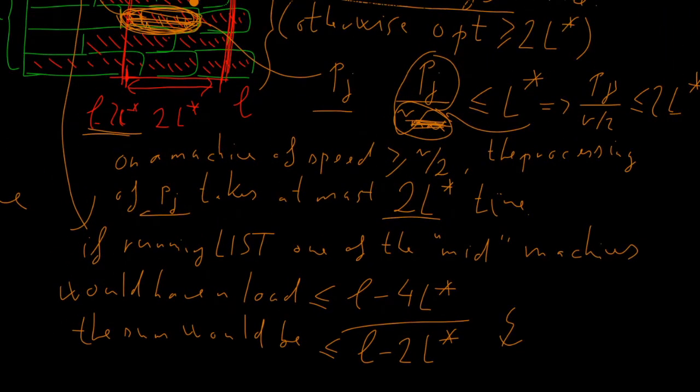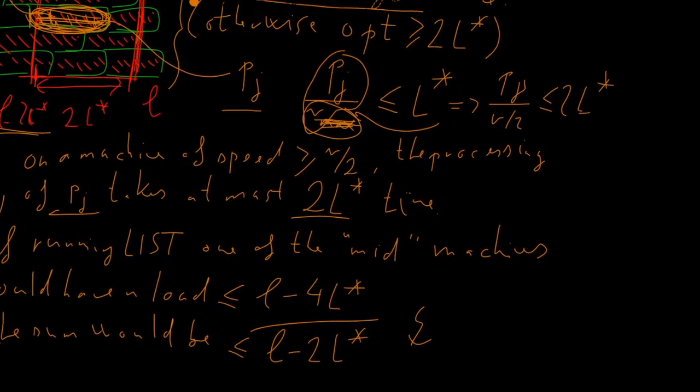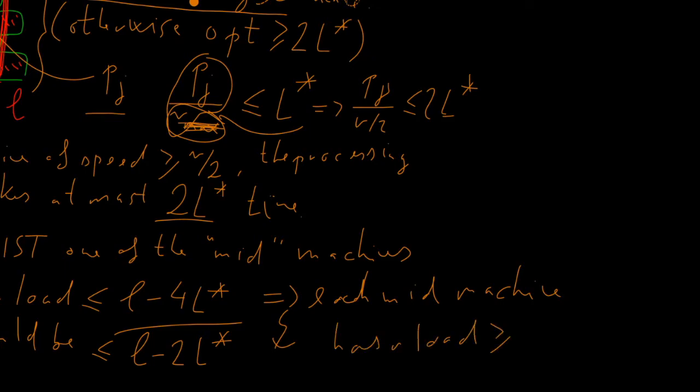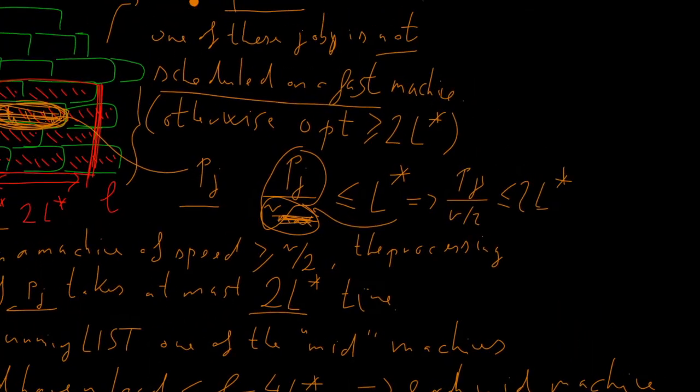Because otherwise we would be scheduling this job to a mid machine, which means that each mid machine has a load at least L minus 4 L star, because otherwise we would not schedule this job Pj according to the list algorithm to this particular fast machine, which we've done.